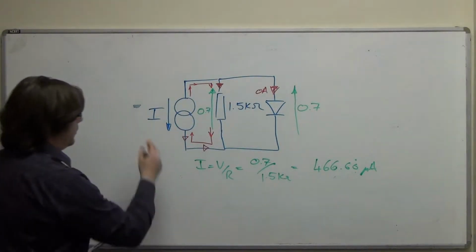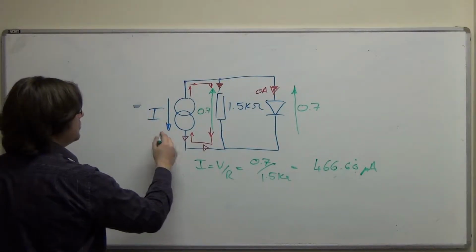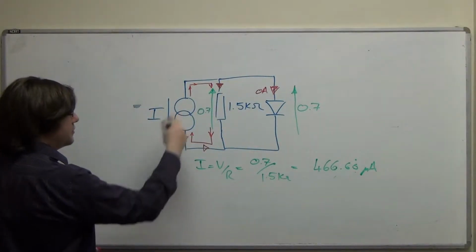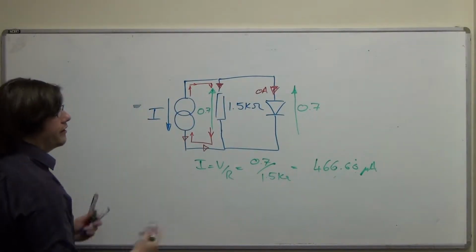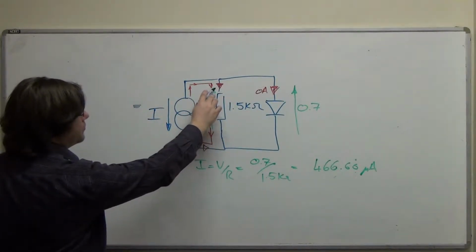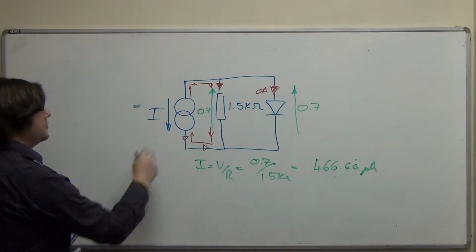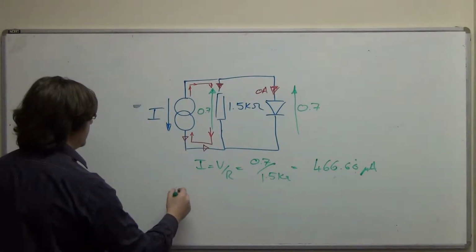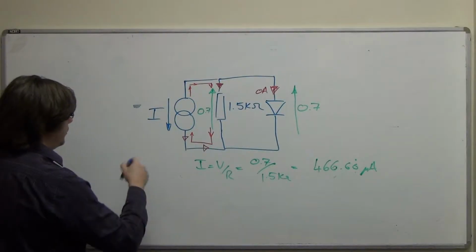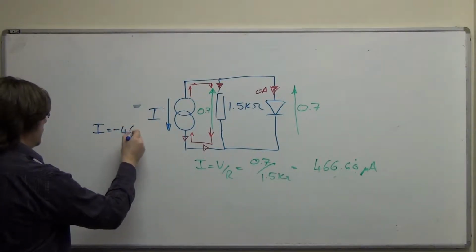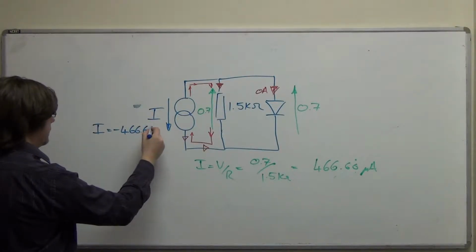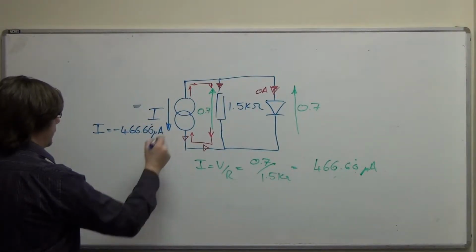So I must be minus whatever the current is in the resistor, because the arrows face each other. One of the arrows is the wrong way around. We know what direction this arrow ought to be, so we know this one's the wrong way around. So we can write it in blue to show that I is minus 466.66 recurring microamps.